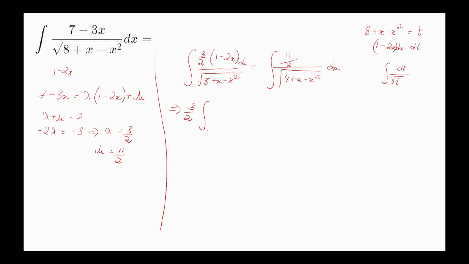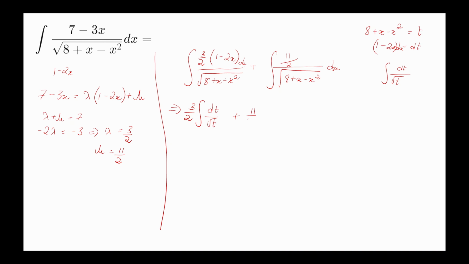So let me write down the answer directly. This would become 3 by 2 integration of dt by root t.